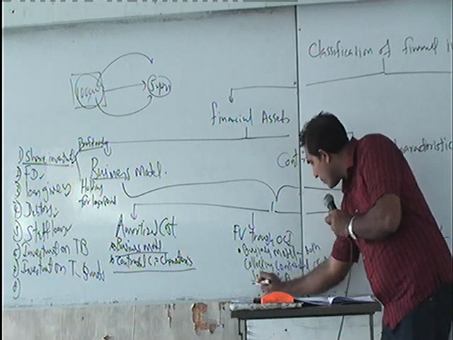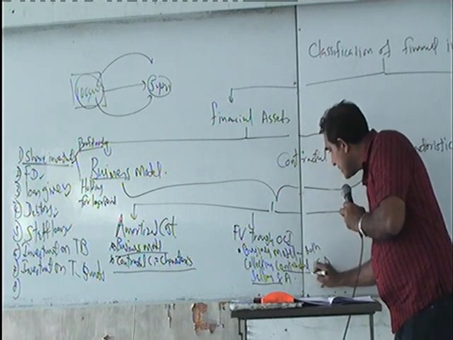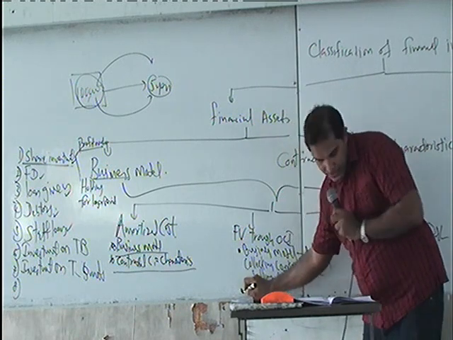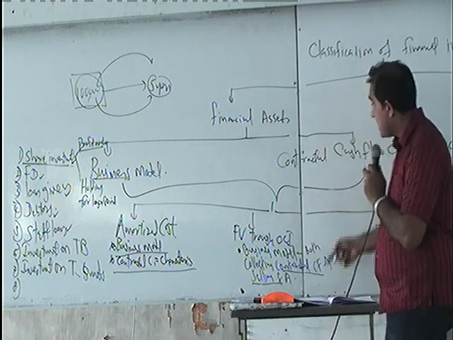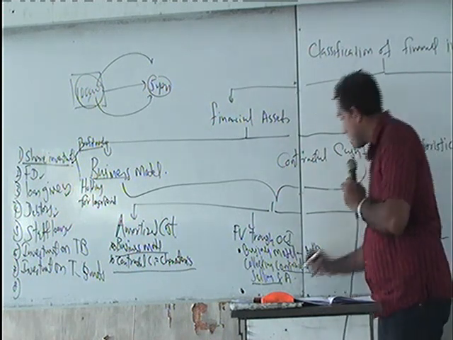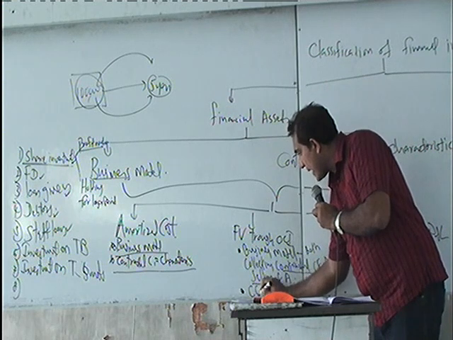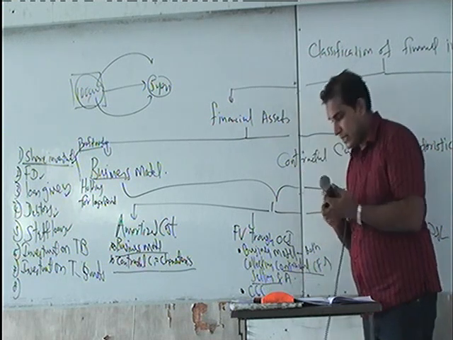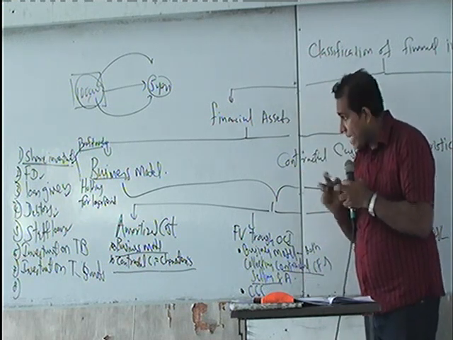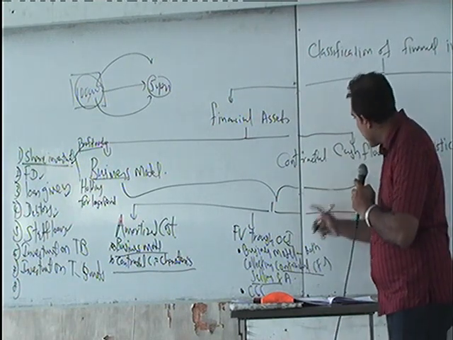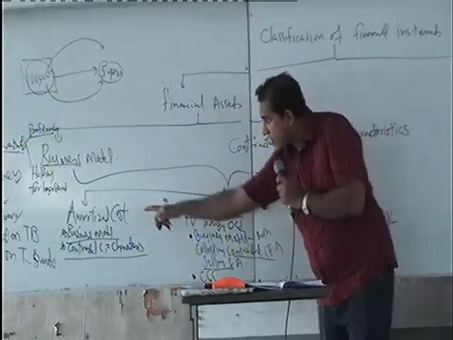This is very, very important. Second bullet point, contractual terms: contractual cash flow characteristics. Can you please write this down? Contractual cash flow characteristics remain unchanged, similar to this.